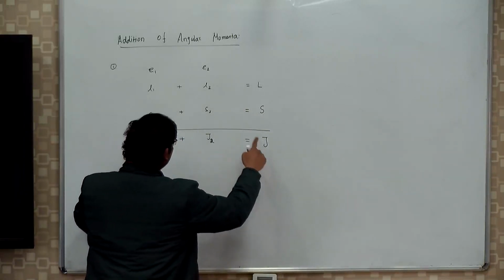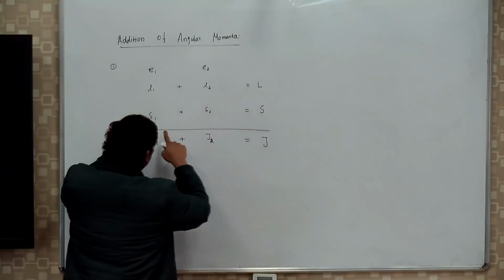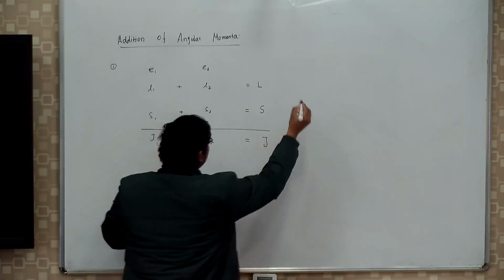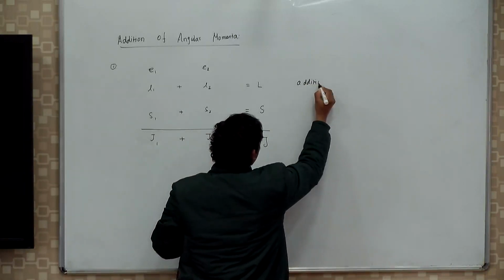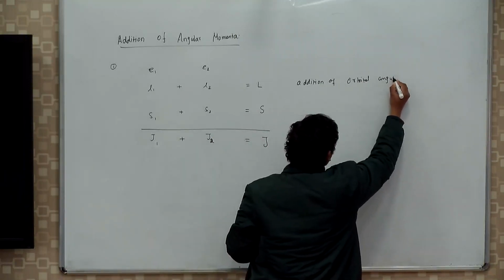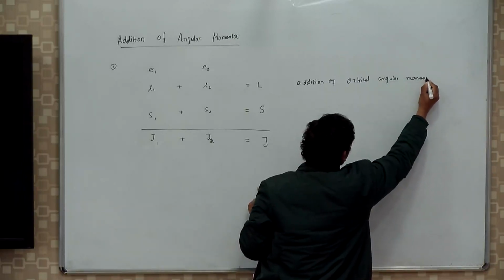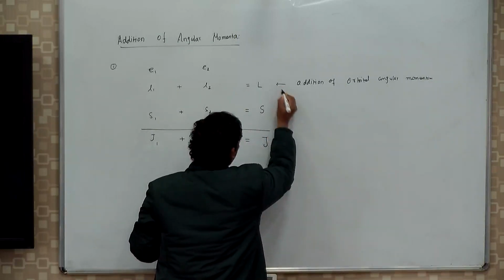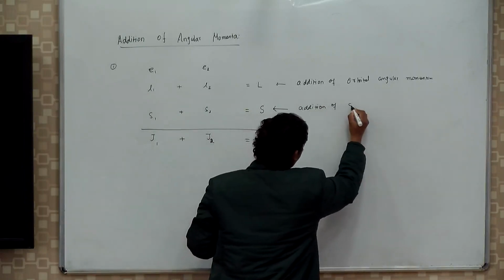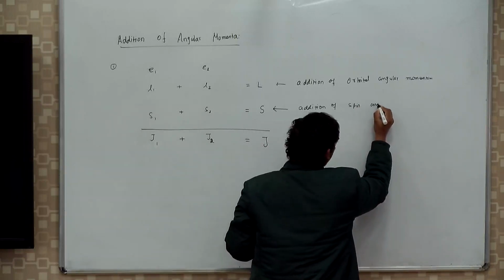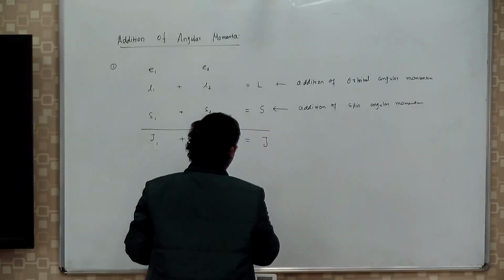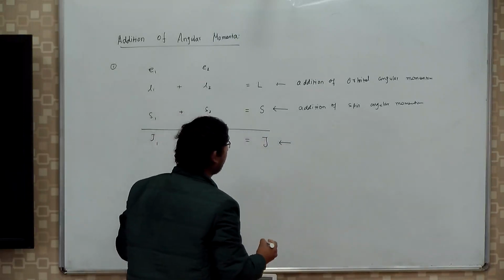If we add in this direction, this is the addition of orbital angular momentum, this is the addition of spin angular momentum, and this is the addition of total angular momentum.